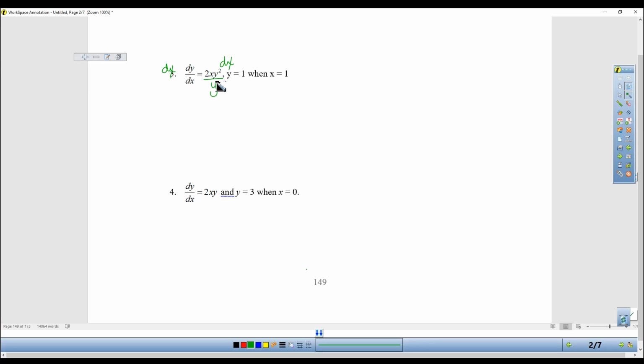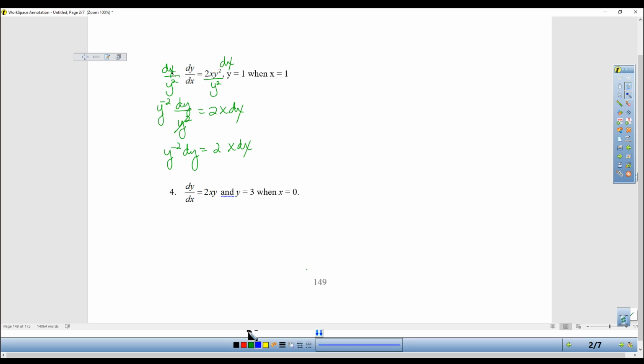And divide both sides by the y squared. So on this side, that gives me dy over y squared is equal to 2x dx. I am going to move that to the top. Okay, there's no quotient rule in integration, so you just want to attack it like this.